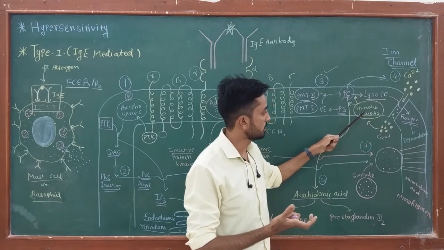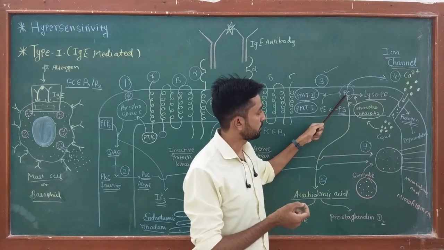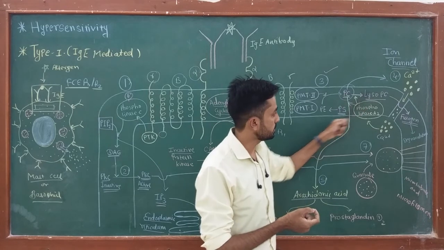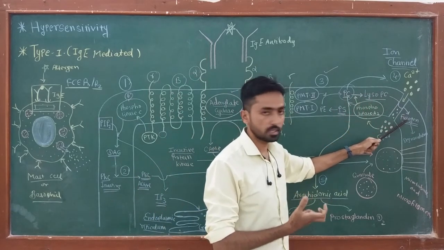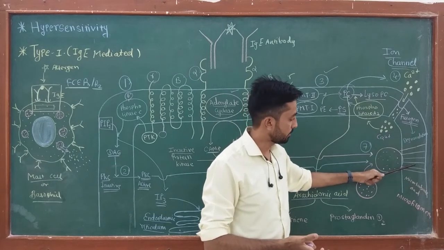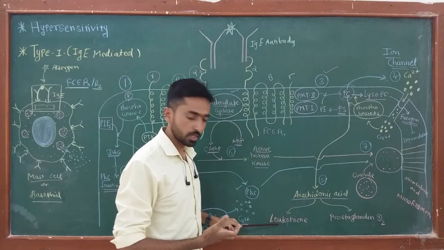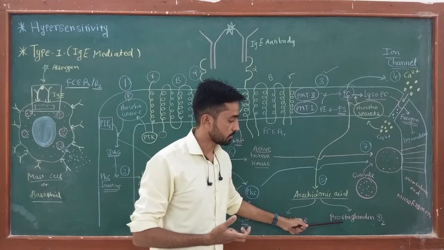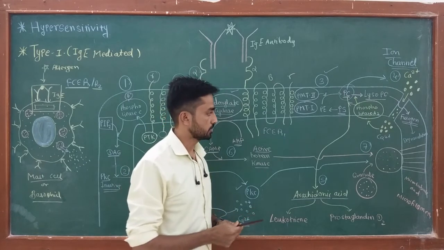This calcium ion activates phospholipase A2, which breaks down PC into lyso-PC and arachidonic acid. Now this lyso-PC converts into fusogen, which helps in degranulation, while arachidonic acid immediately converts into leukotriene and prostaglandin D2, which are the active mediators of type 1 hypersensitivity.